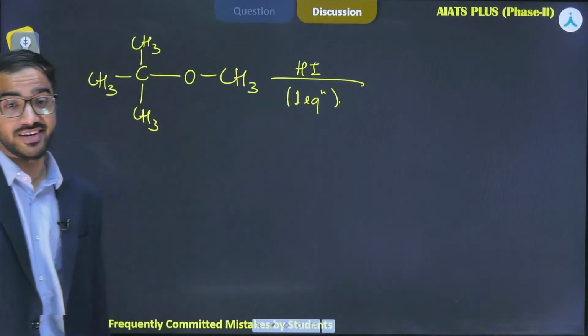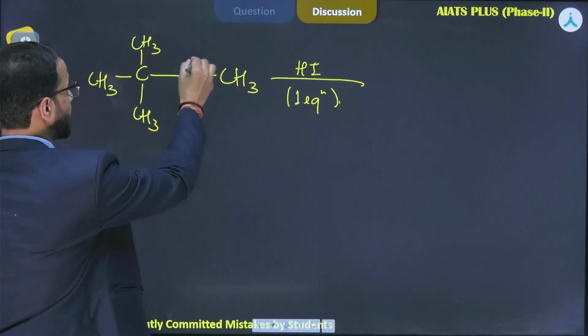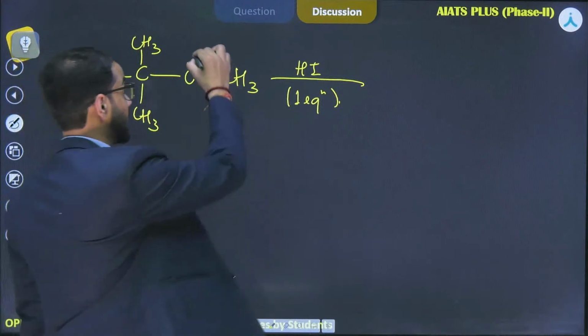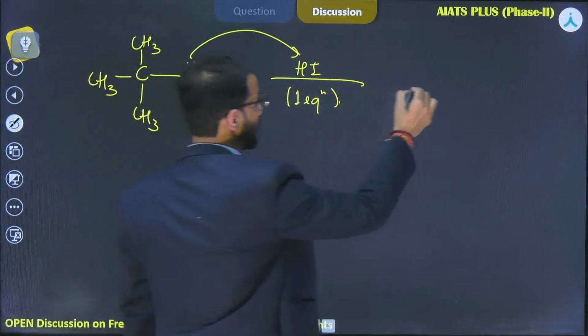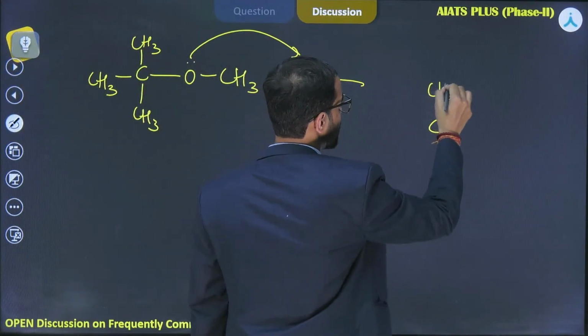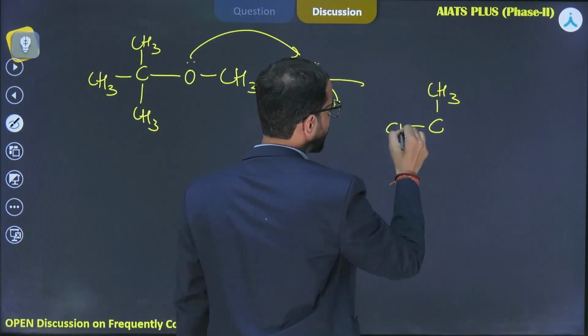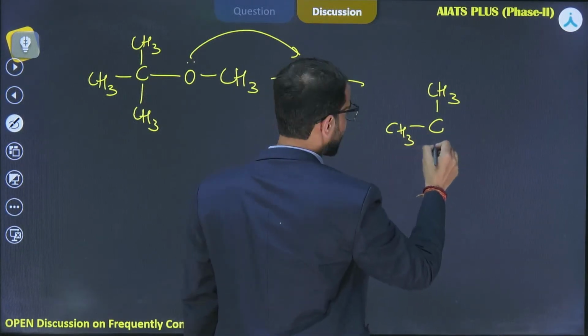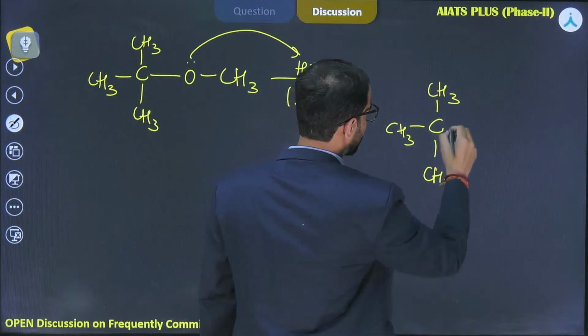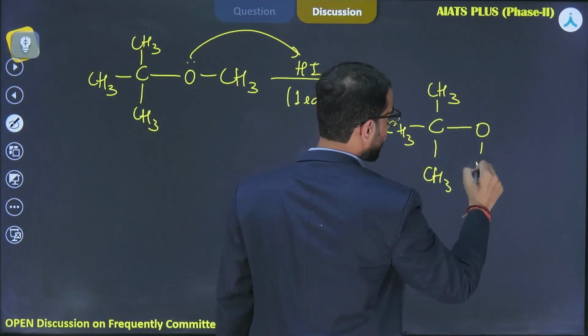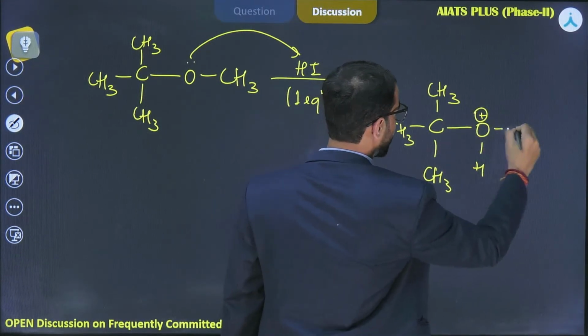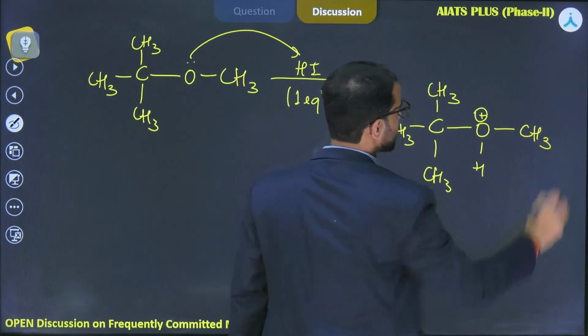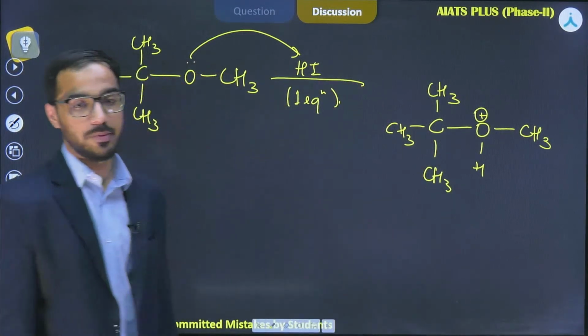So what will be the case? The lone pair of this oxygen will attack the proton, and you will be having CH3, CH3, CH3O H positive, CH3. So what will be the case?